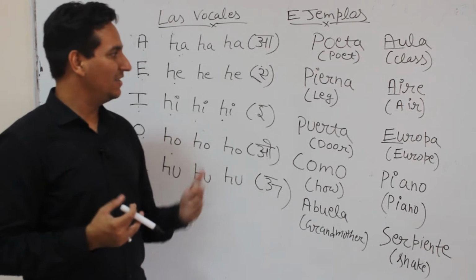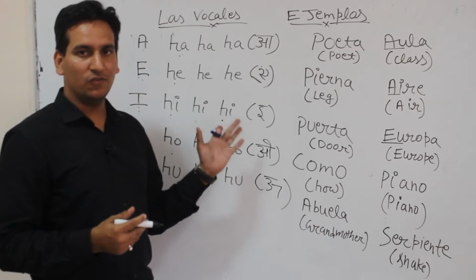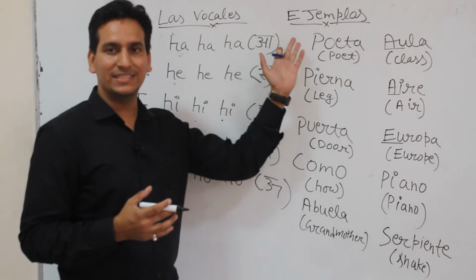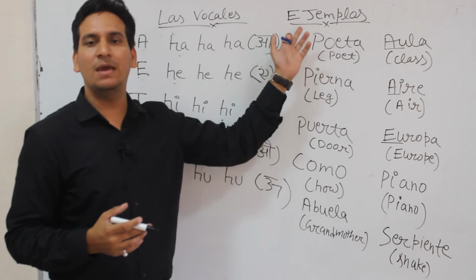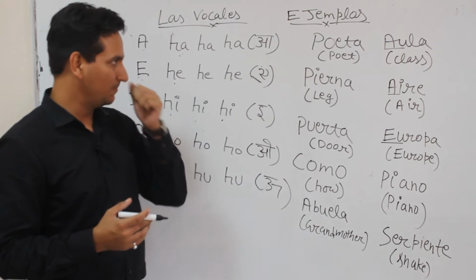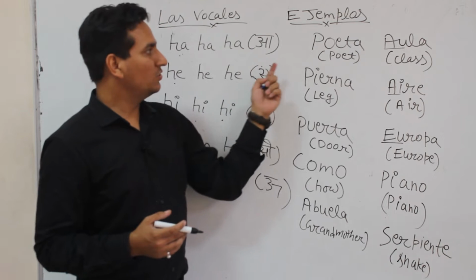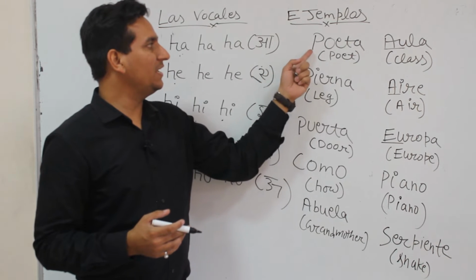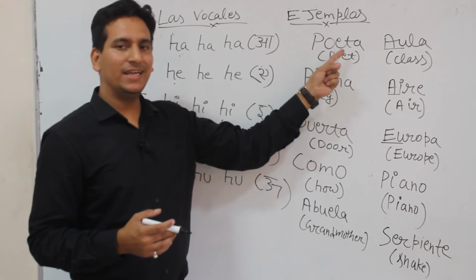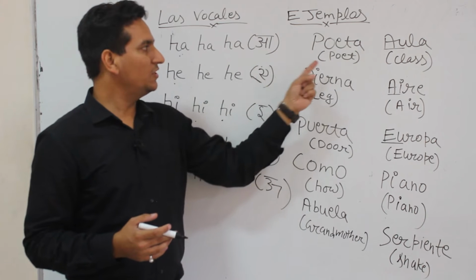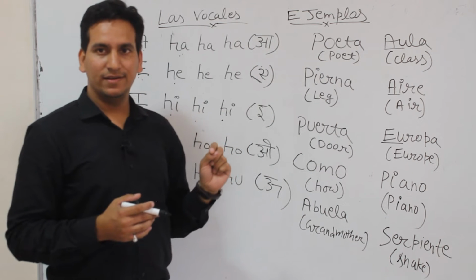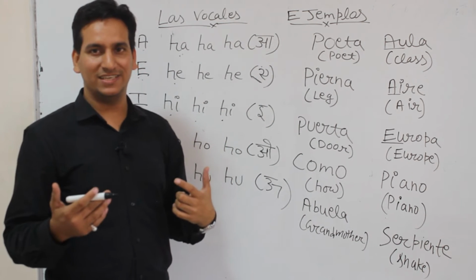Now let me explain the sound of these vowels with the help of some examples. We call them ejemplos. So the first one is Poeta, which means poet. Now how will we pronounce it?